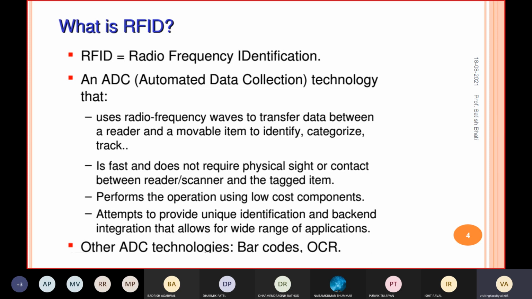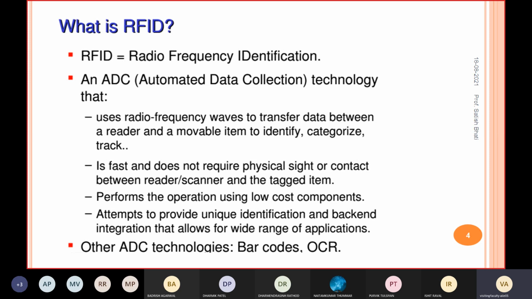So this technology uses radio frequency waves to transfer data between a reader and a movable item, to identify, to categorize, to track, right? So the main thing we are using in this technology is the radio frequency wave. And using this wave, we are transferring the data between two things.